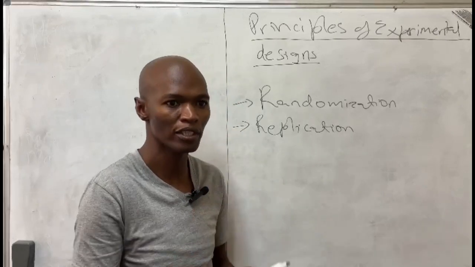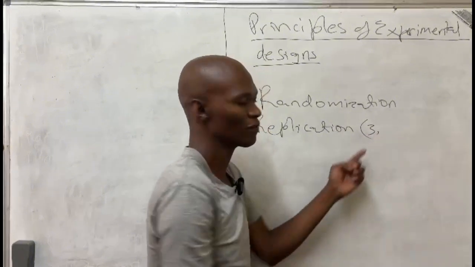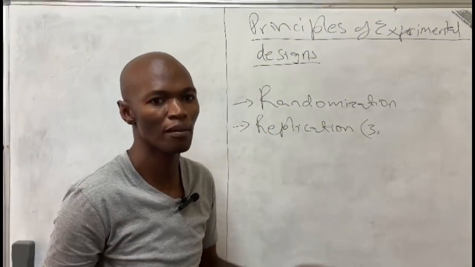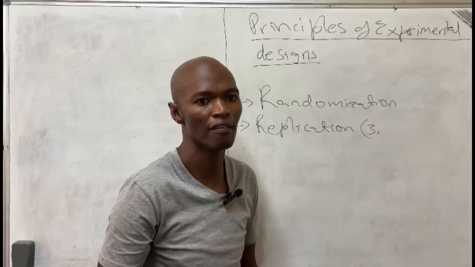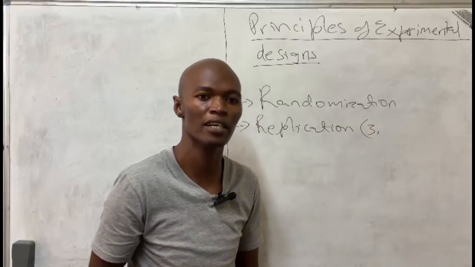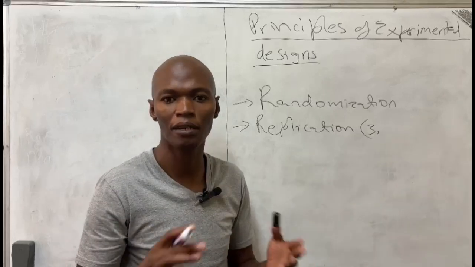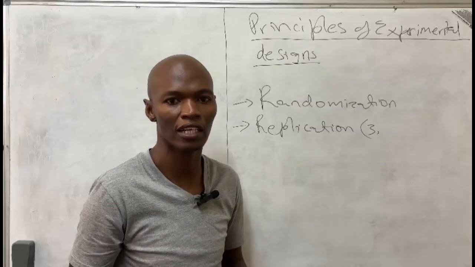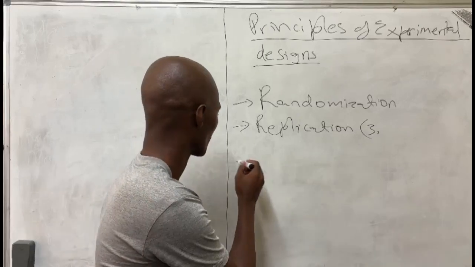So it's very important to have some replications, and most of the time the minimum number of replications is 3 on the experiment. Then we can have more replicates, maybe 4 replications or 5. It depends on the number of animals or number of objects that you want to use for your experiment.